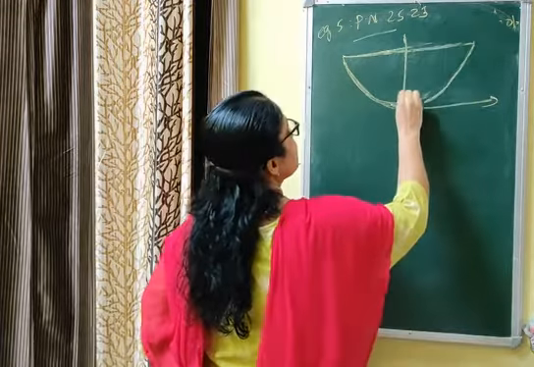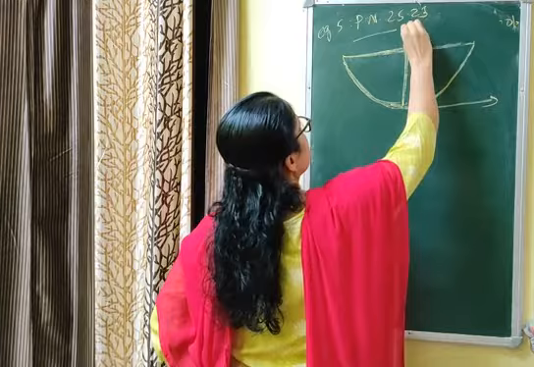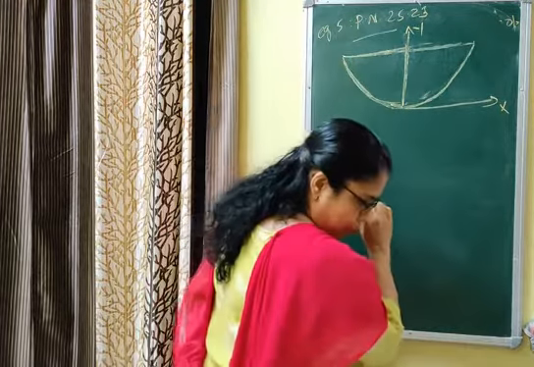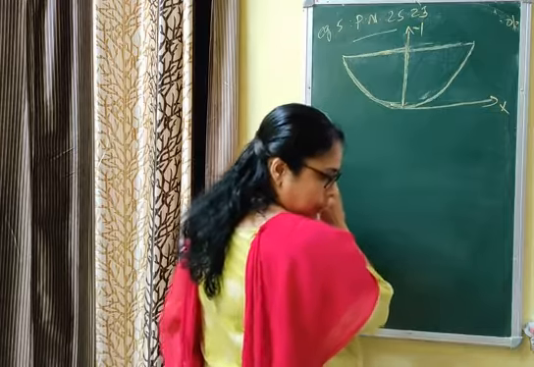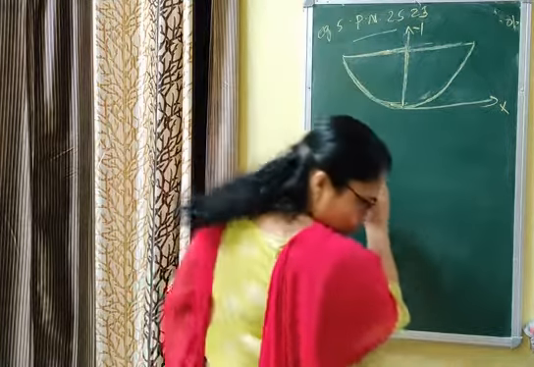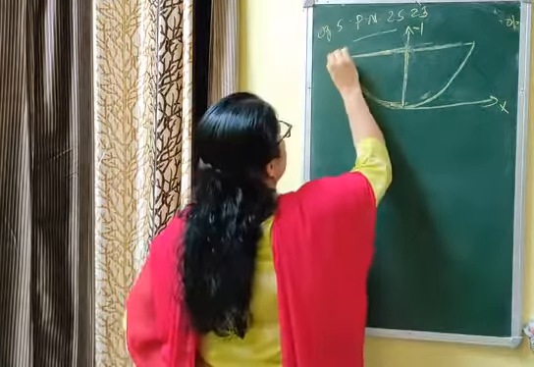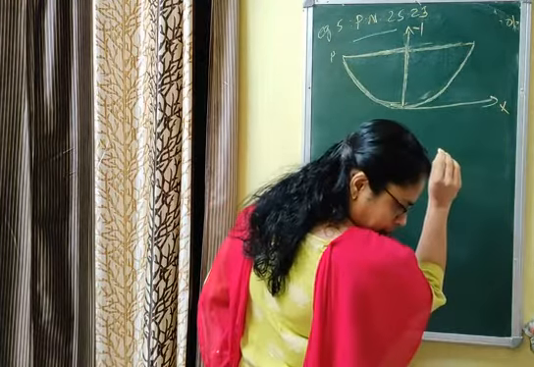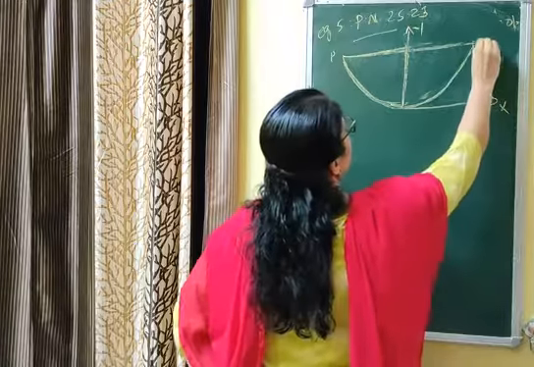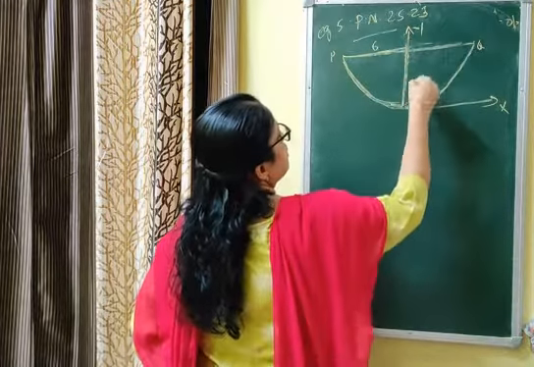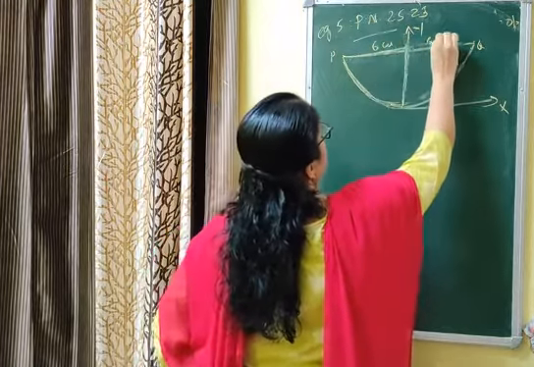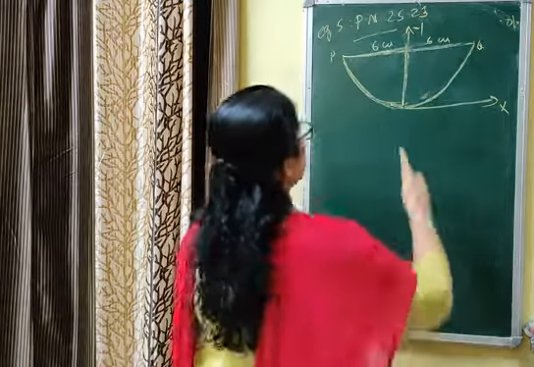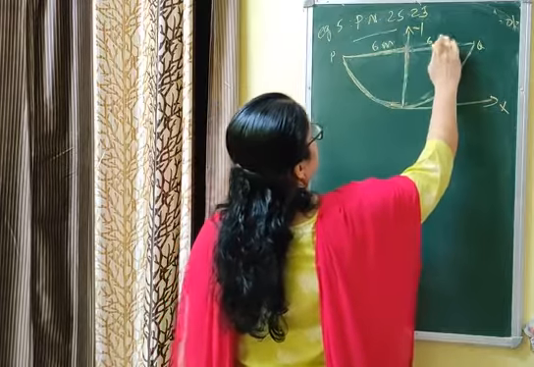The end of the parabola is at a distance of 12 meter. इसका end का distance है 12. Let it be PQ. Since it is symmetrical, this becomes 6 meter and 6 meter.